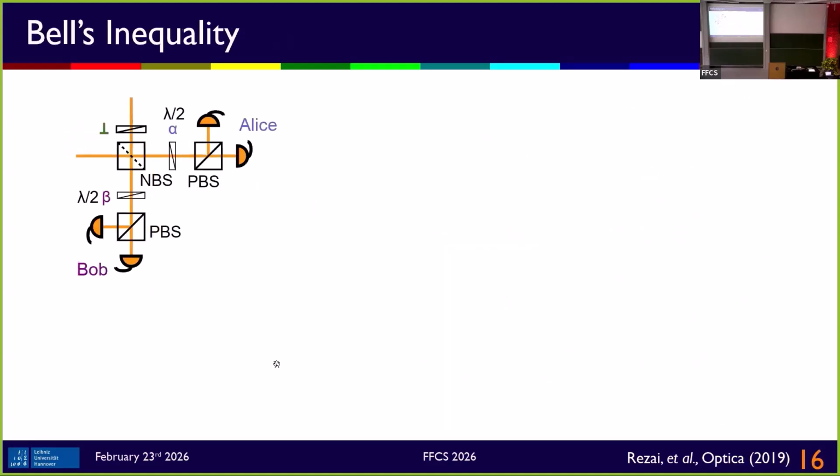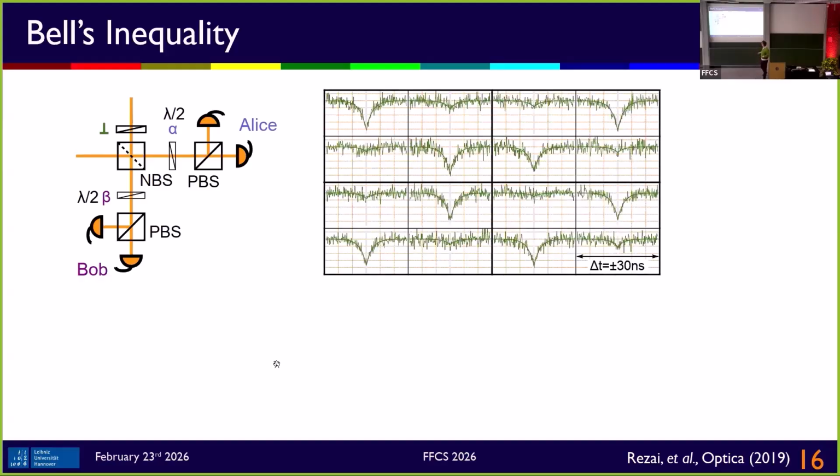So we can, of course, like when we have Bell's inequality, Bell's inequality measures if these photons are entangled. And of course, we can set them to arbitrary values. We can analyze this state in a very nice way. When we set the relative polarizer angle on both sides, we can essentially do Bell tomography.